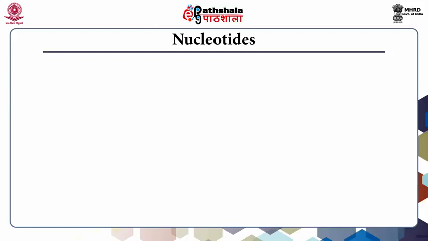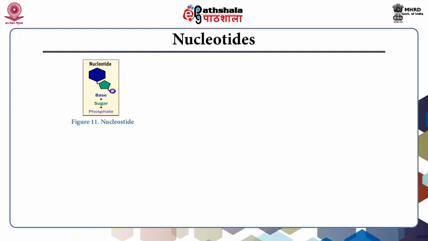Nucleotides are comprised of a nitrogenous base linked to a 5 carbon sugar and one or more phosphate groups. The phosphate group is attached to the 5' hydroxyl group of the sugar part of the nucleoside.